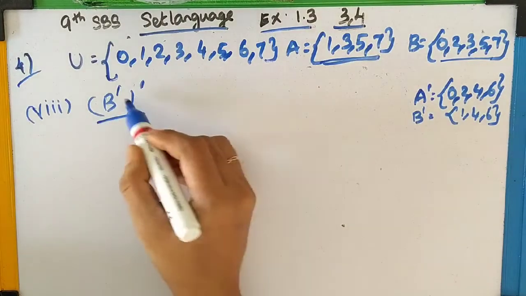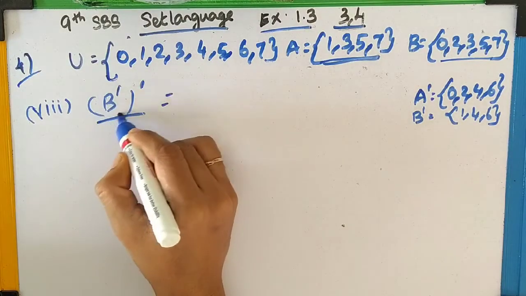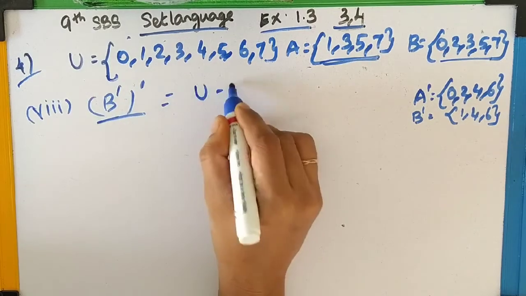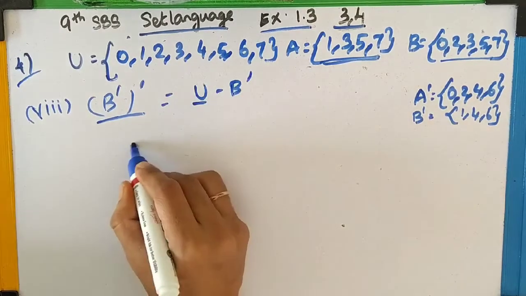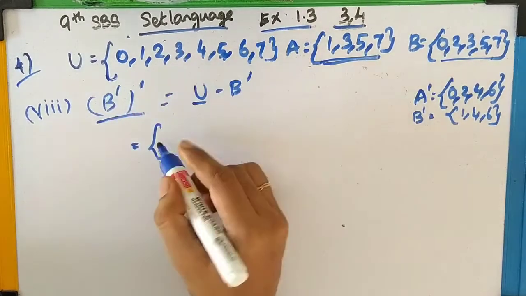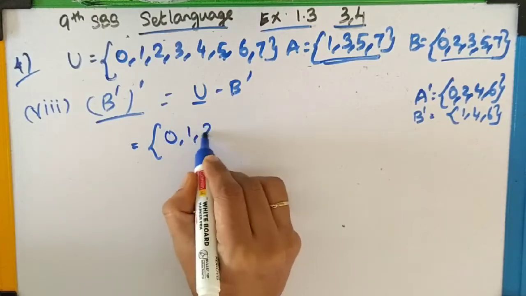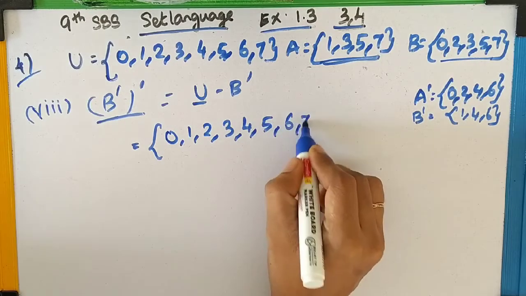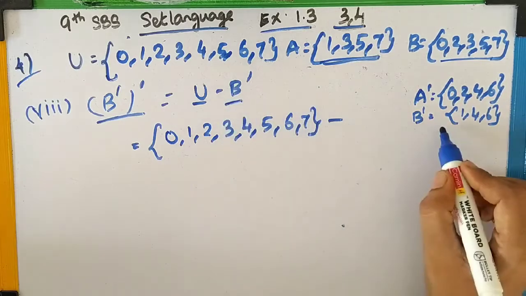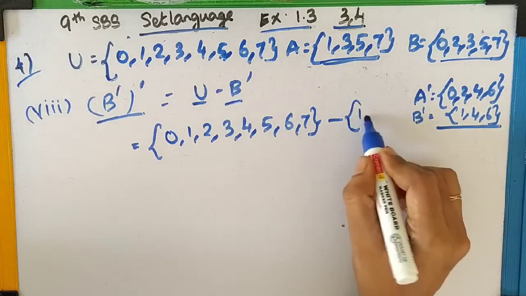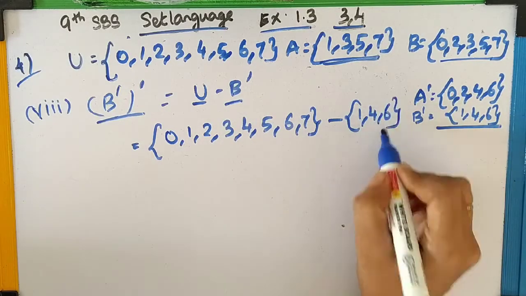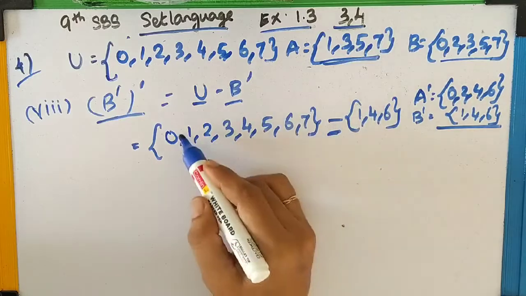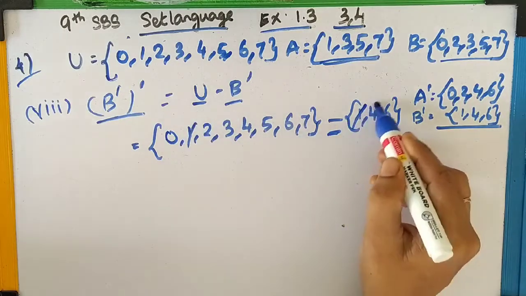Clear? Okay. Now let's find B dash the whole dash. The meaning is the universal set except B dash. That is universal set difference B dash. What is the universal set? 0, 1, 2, 3, 4, 5, 6, 7. Difference B dash. What is the B dash we have found? 1, 4 and 6. How should we find the difference?